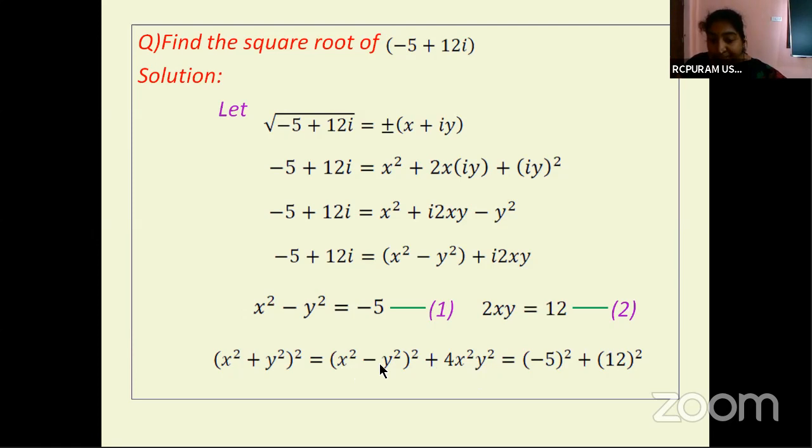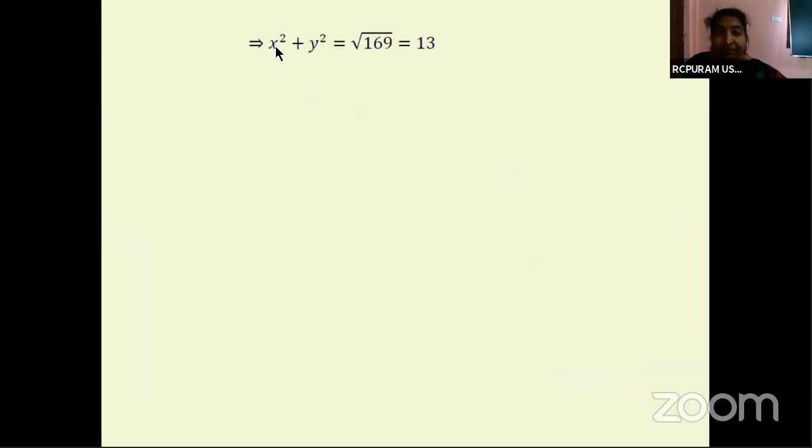We are just substituting x square minus y square as minus 5 and 2xy whole square is 12 square. 5 square 25 plus 12 square 144, which is 169. Therefore, you will have x square plus y square is equal to root of 169, which is nothing but 13. We will call this equation number 3.